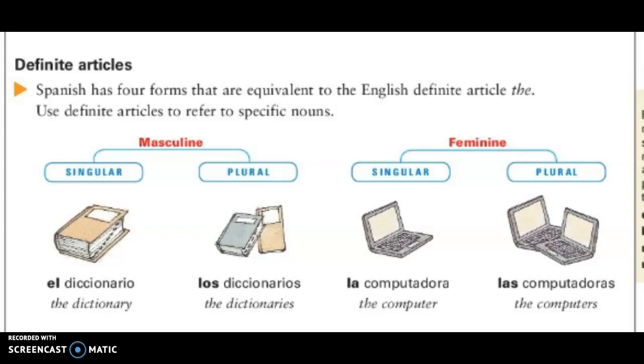So the definite articles will refer to specific nouns, and for a singular masculine, it's el. For a plural masculine, los, as in el diccionario and los diccionarios. And then on to the feminine nouns.